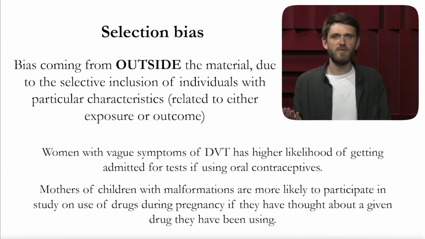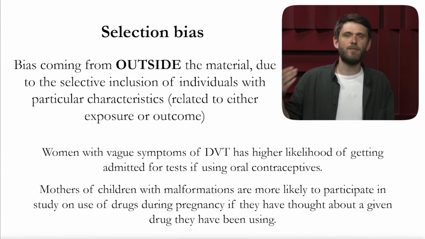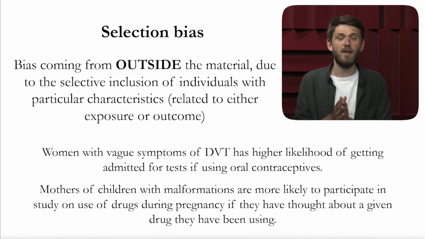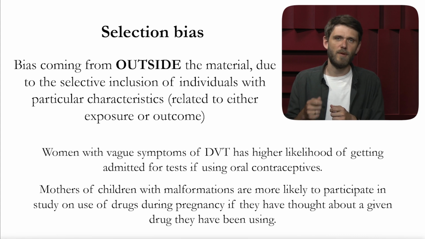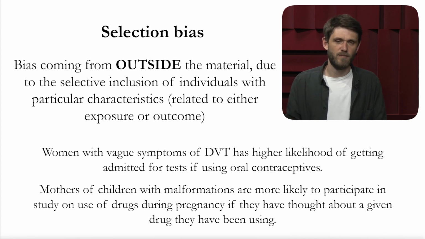Because oral contraceptive is a risk factor for DVTs, this might be part of the medical workup, and thus it might change the threshold for getting workup done. This means that if you are looking at individuals with a DVT diagnosis, you will likely have a selection bias from people with a higher use of oral contraceptives than the average population.